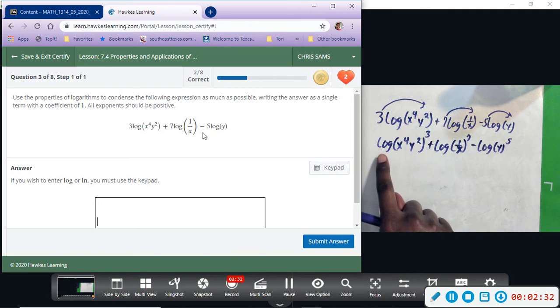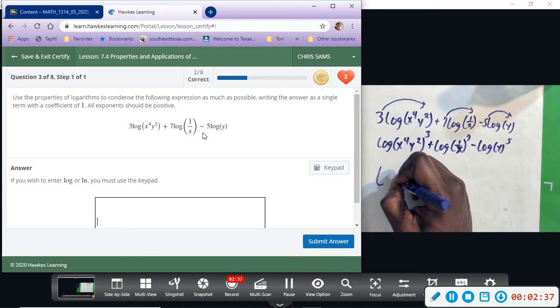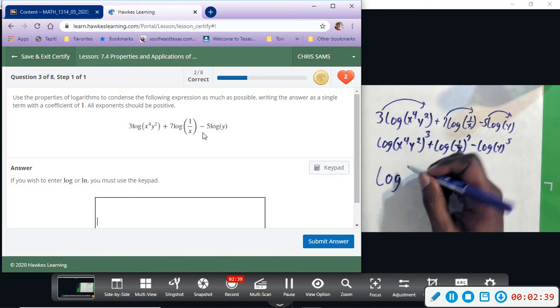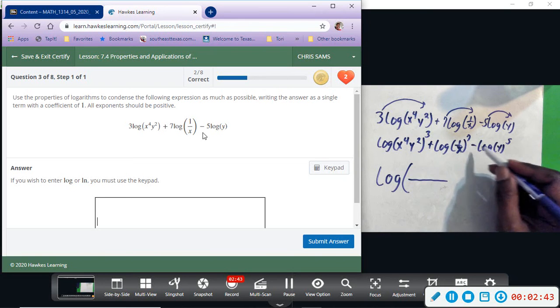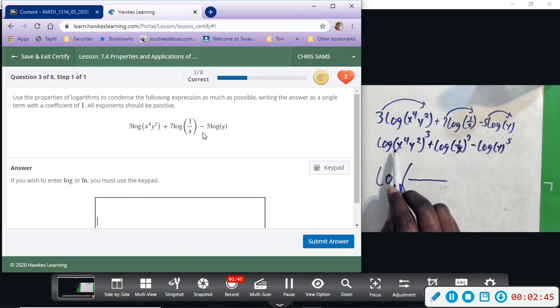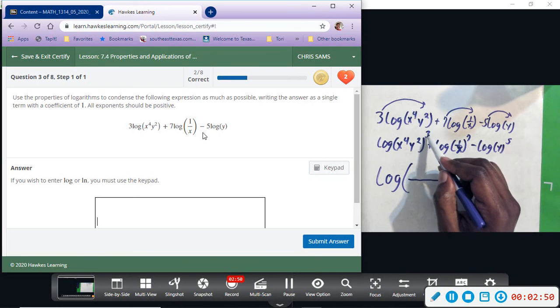Alright, and then all the same log, so I can just write one log. And I'm going to have division because I got subtraction, so whatever is after subtraction goes on the bottom. This is on the top, so I can go ahead and distribute that to these guys.